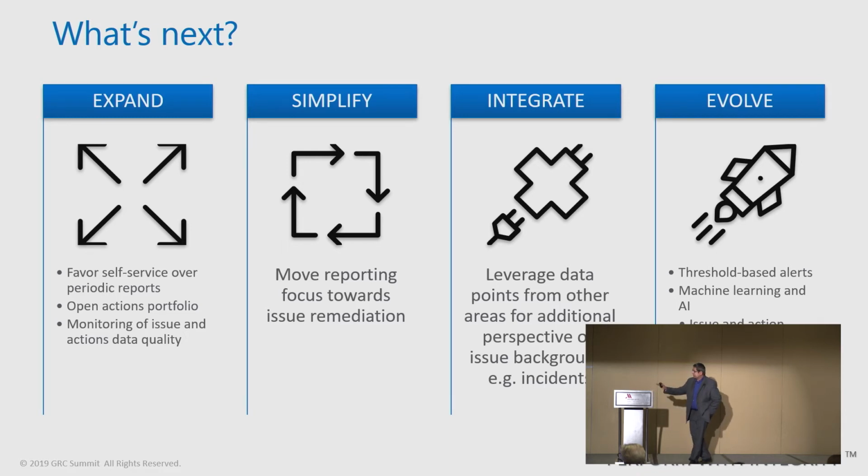So the next piece was integrating, I mentioned that, enriching your issues with data points from other parts of the company as well as from other modules or apps in MetricStream. And the last one that was interesting is how do we evolve this, right? So this is still a little ways out, but issues and actions are a treasure trove of text data.